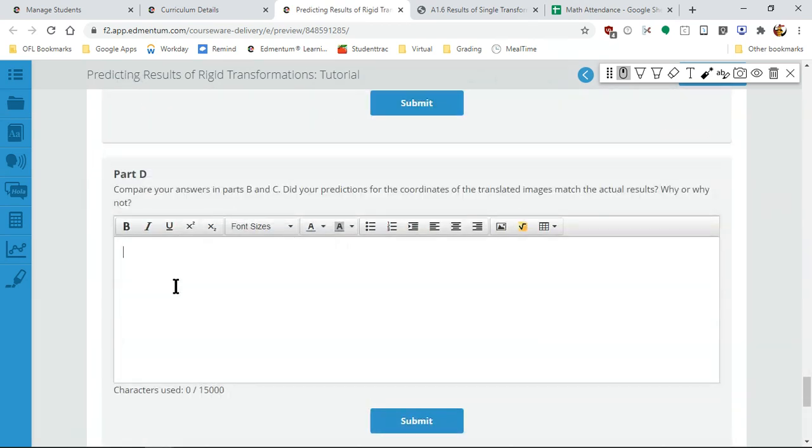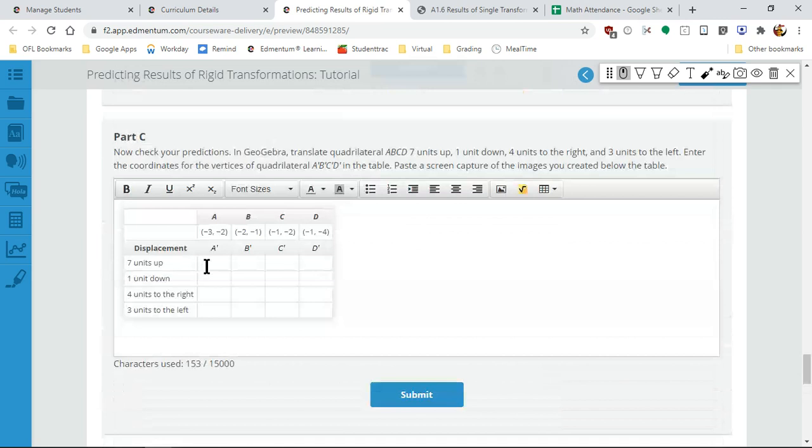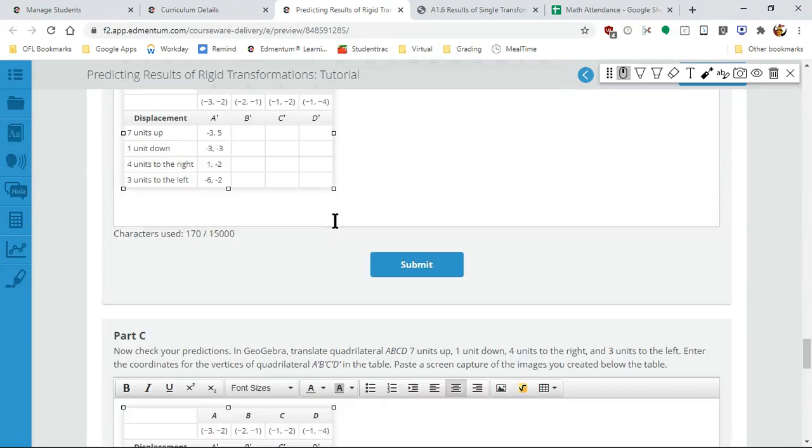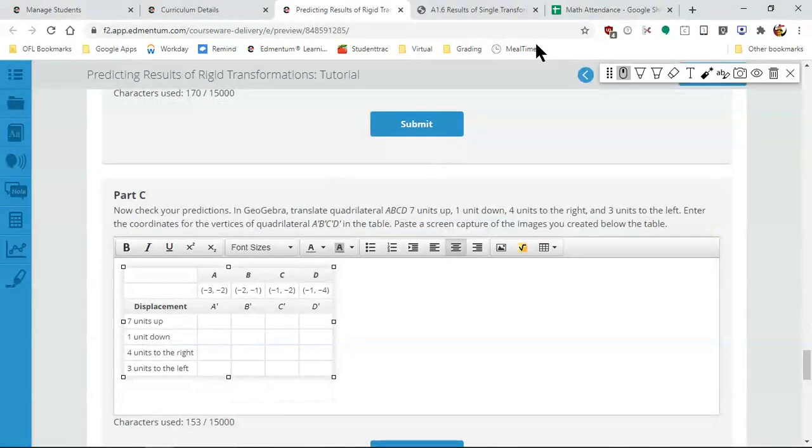And this one, I'm going to write down they are off by a little because it is hard to move exact. And your guys' might be off by more. I'm using a mouse, so I can only imagine how hard it is to do it on a touchpad. So you can write down your decimals here for all of them. And again, they're going to be off by a little bit.